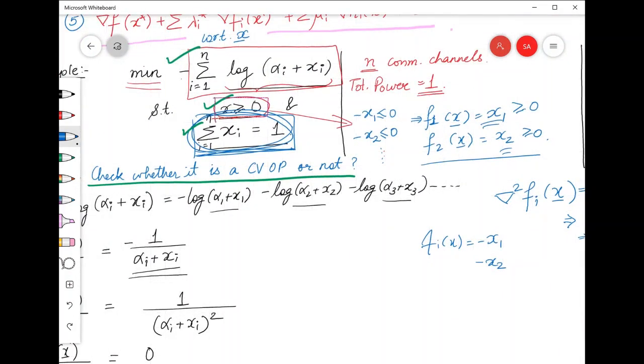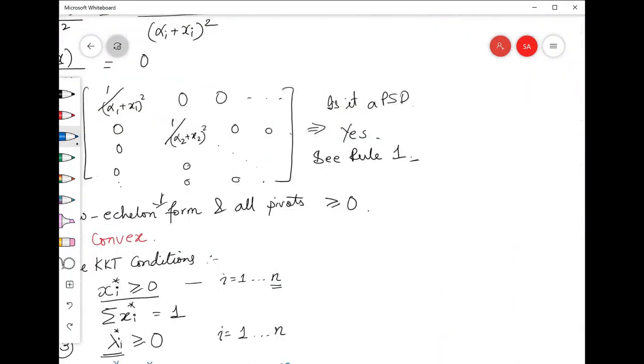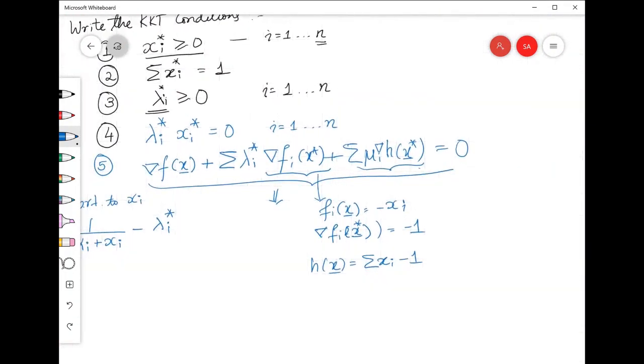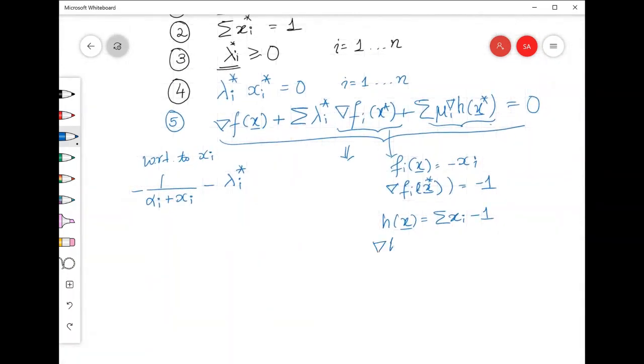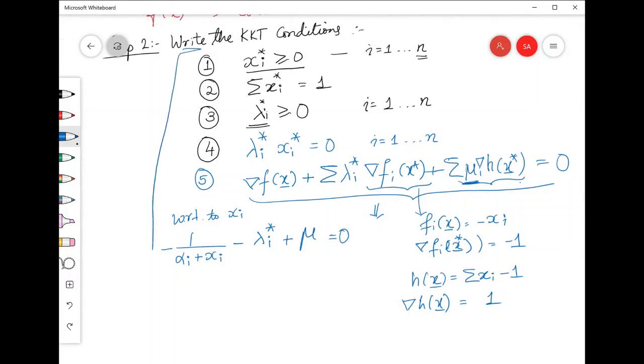So I shift 1 to the other side, and this becomes the summation of x_i minus 1. If I take the derivative of h of x with respect to x_i, I get simply 1. So this becomes mu equal to 0. There will be only one mu element because there is only one equality constraint. So these are all the equations that I have got here.